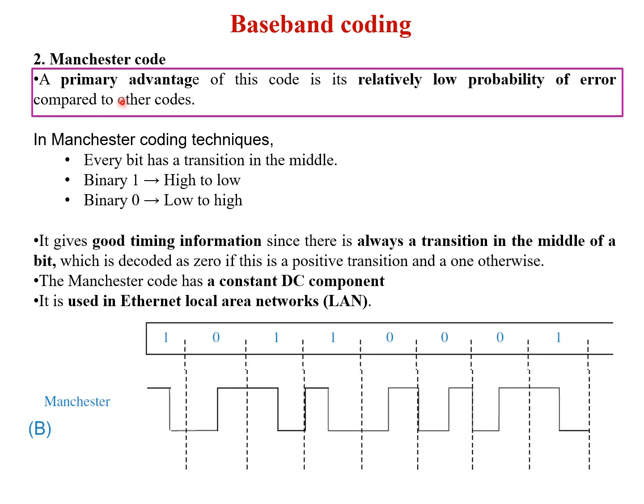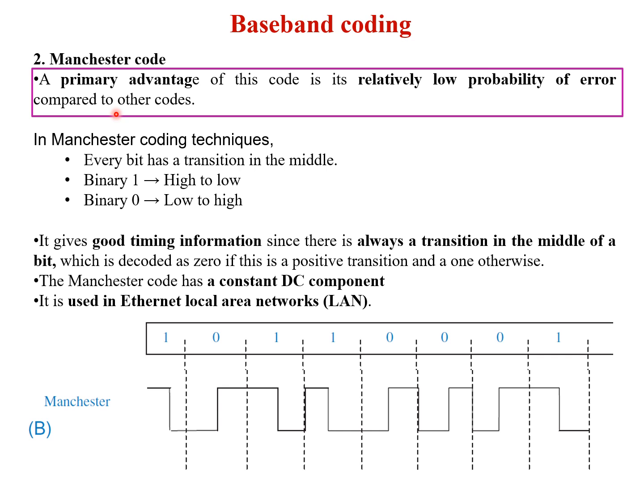Then the next one is bipolar Manchester code. The primary advantage of Manchester code is its relatively low probability of error compared to other codes. In Manchester coding, every bit has a transition in the middle.